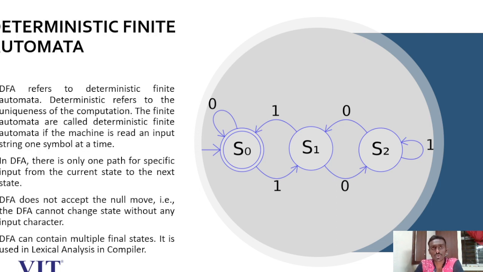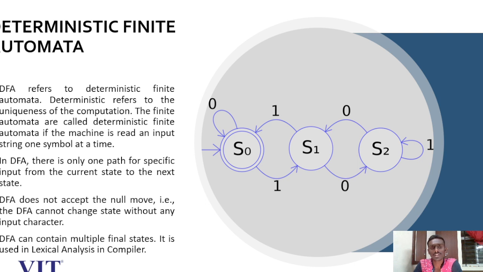Okay, let me go through DFA first. DFA refers to deterministic finite automata. Deterministic refers to the uniqueness of the computation. In DFA there is only one path for a specific input from the current state to the next state.